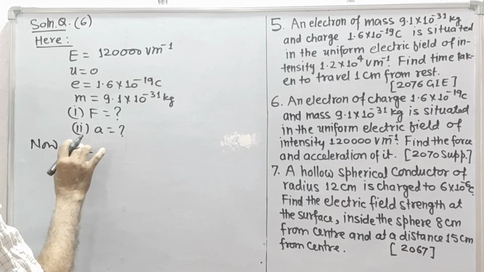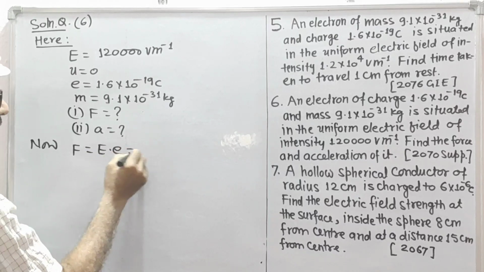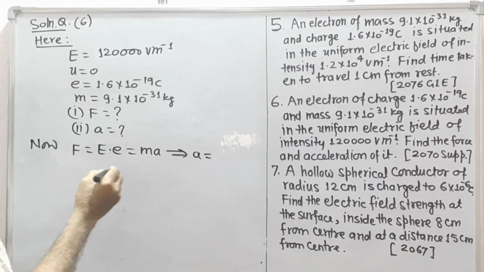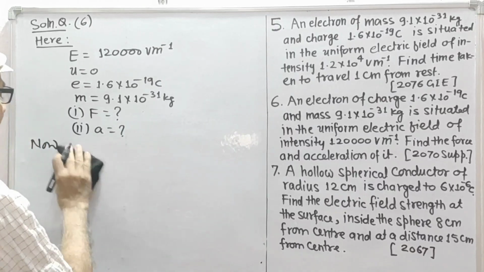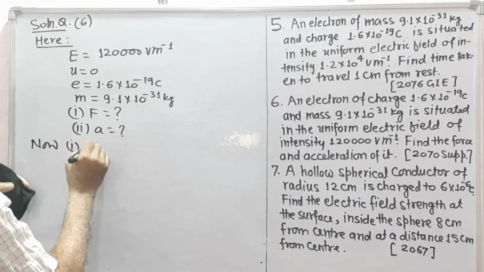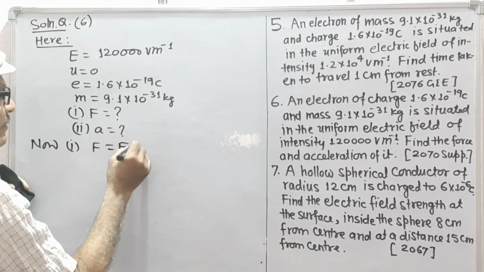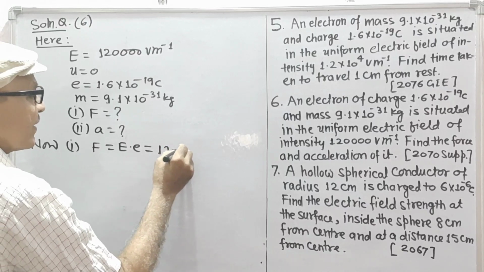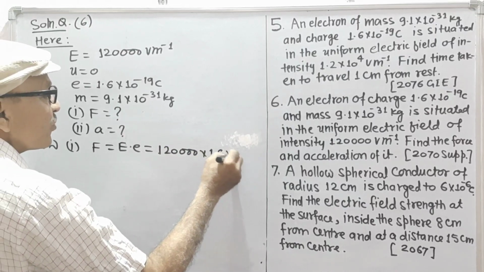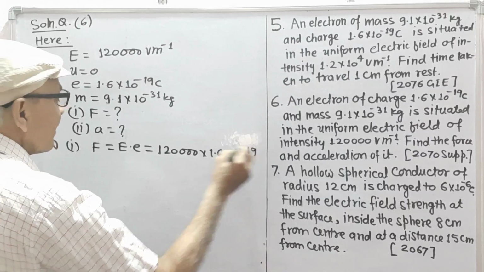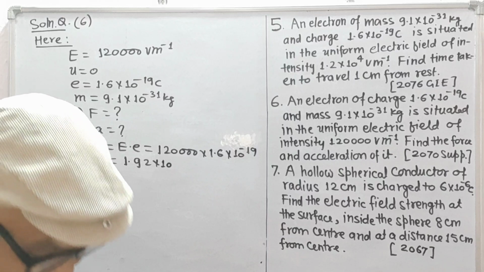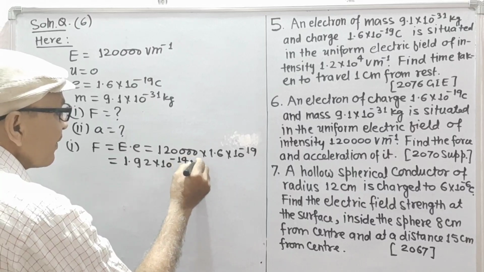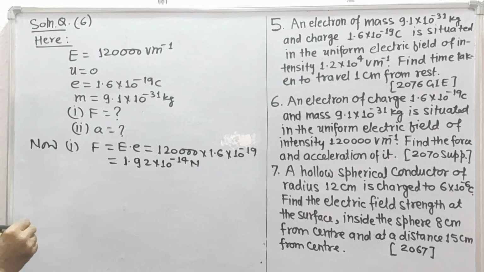Now, F is equal to E into e is equal to MA, which gives acceleration A as F upon M. First, F is equal to E into e, both are known, so we get force as 120,000 into 1.6 into 10 to minus 19, which gives force as 1.92 into 10 to minus 14 Newton.